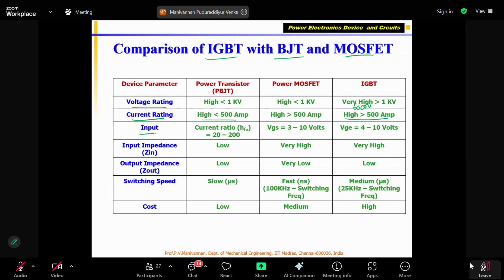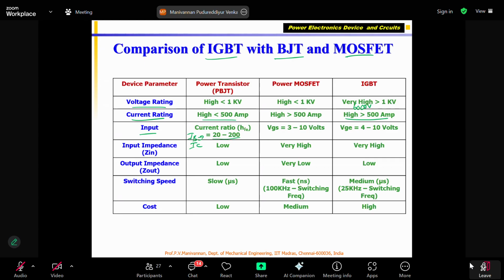Now the current ratio: for the input of a transistor, IB, and the output, IC, IC divided by IB is sometimes called the HFE ratio. In the case of a transistor, it will be 20 to 200 most of the time.